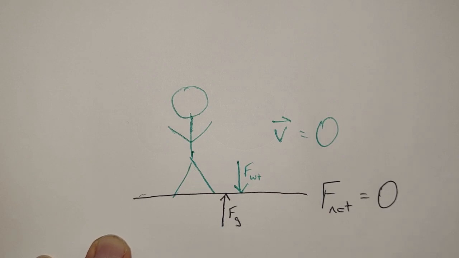Meaning the two opposing forces are equal in magnitude, but opposite in direction. So the force of weight is equal to the force of the ground, just opposite in direction. So we could say that the force of weight is equal to the negative force of the ground.